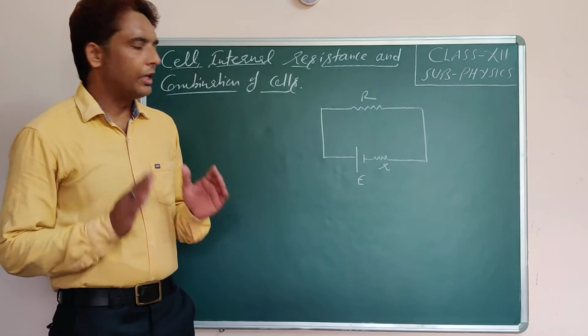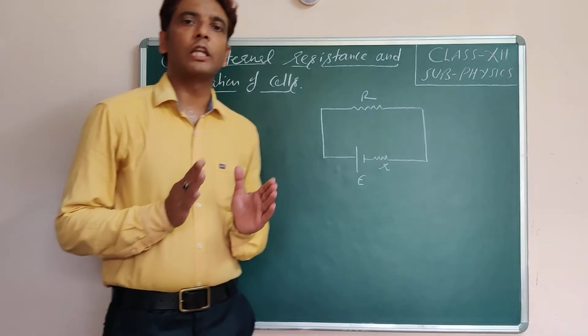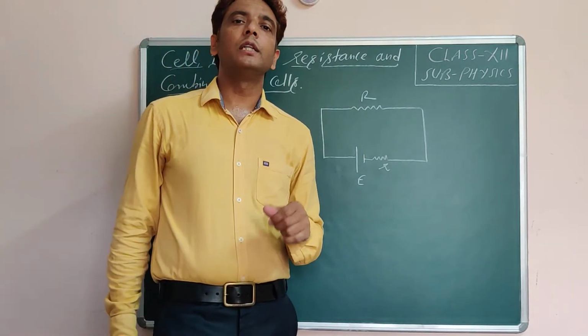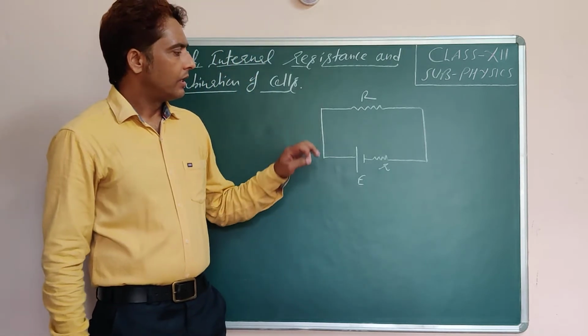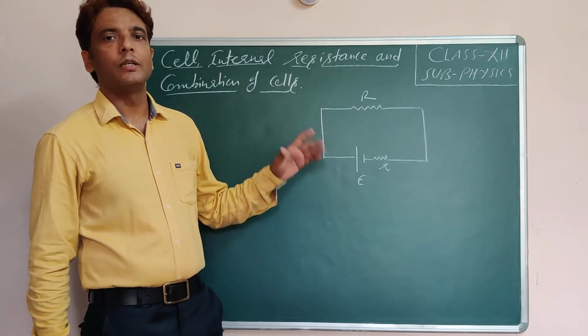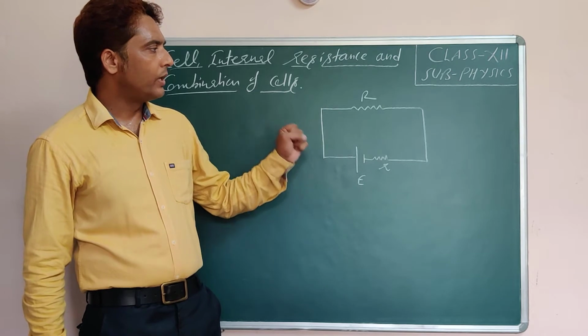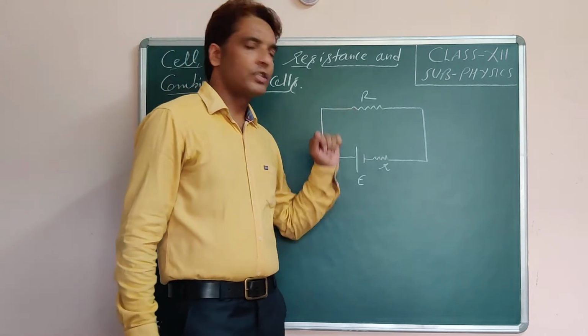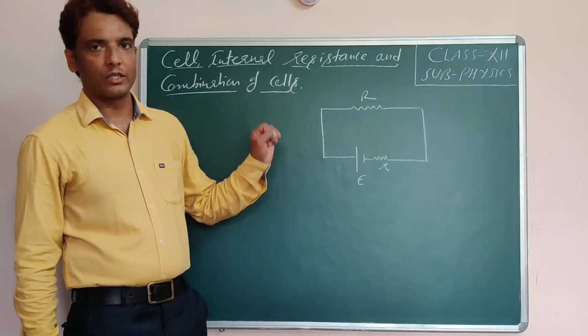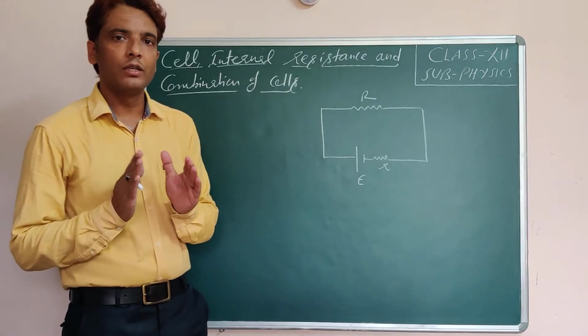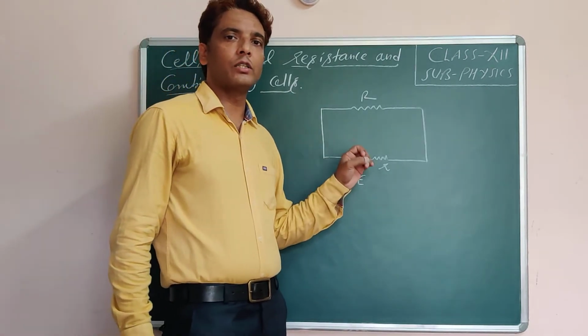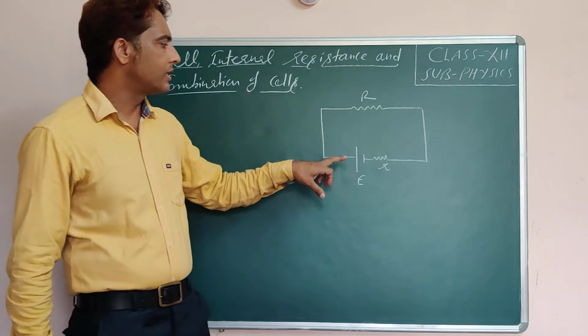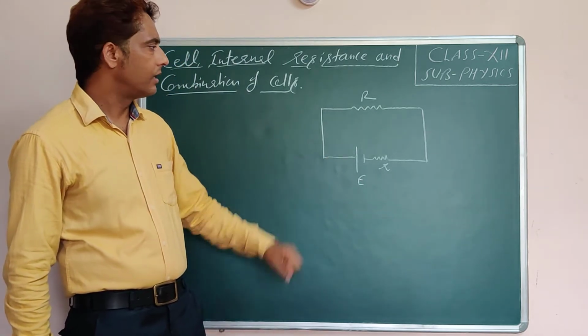Now EMF means electromotive force. In reality it is not a force, but EMF is responsible for movement of charge in a closed circuit. So the work done in moving a unit charge in a closed circuit is known as the EMF of the cell.